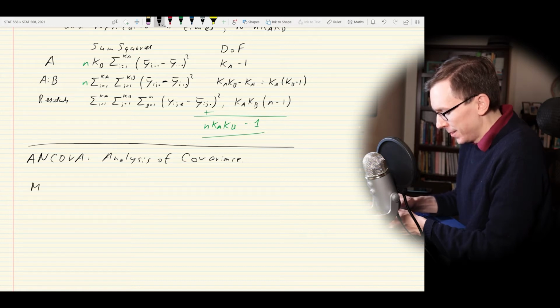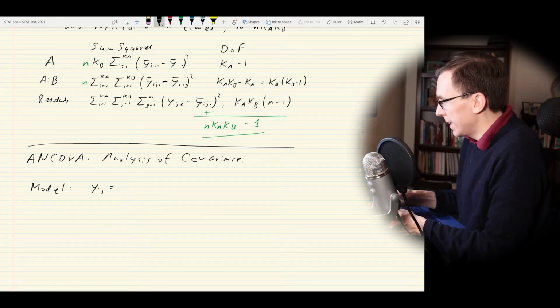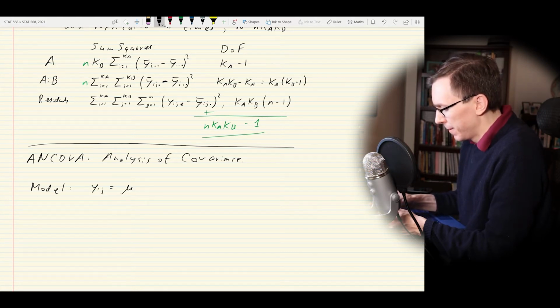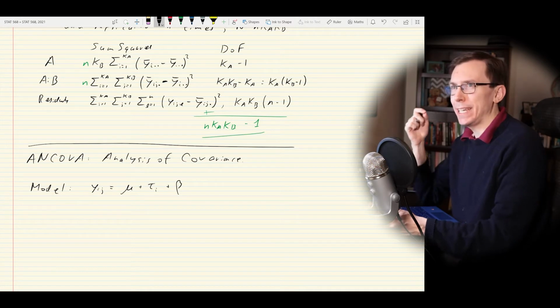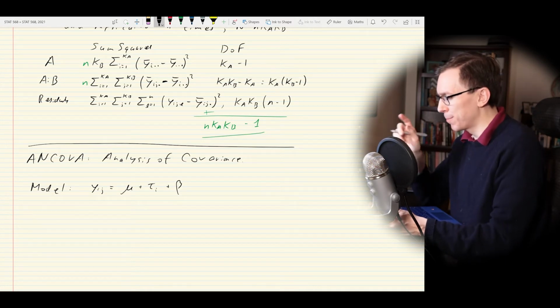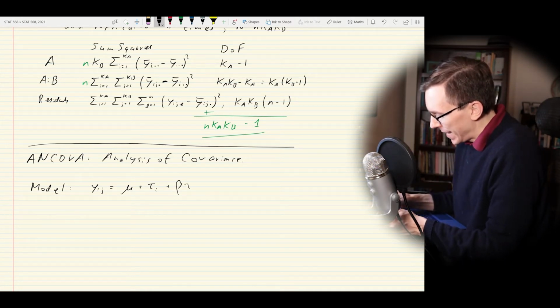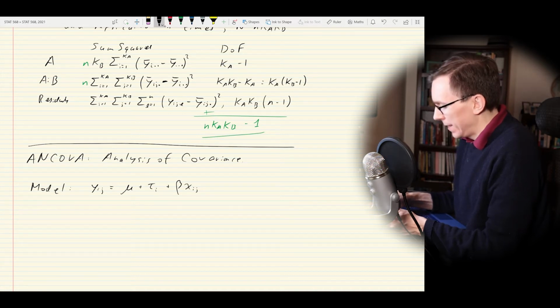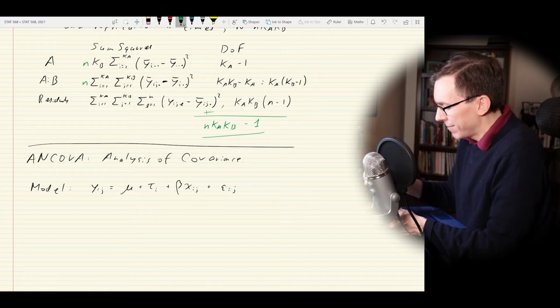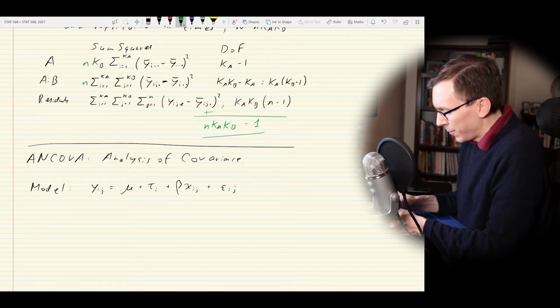So the model is going to look something like Y_ij equals, let's say, mu plus tau_i plus, and now we're going to have beta. Beta is no longer going to be a blocking factor. It's going to be a single parameter. And now we're going to have an X_ij here and an epsilon_ij. So what happens? Well, we have the same things we always have. We have the global mean.